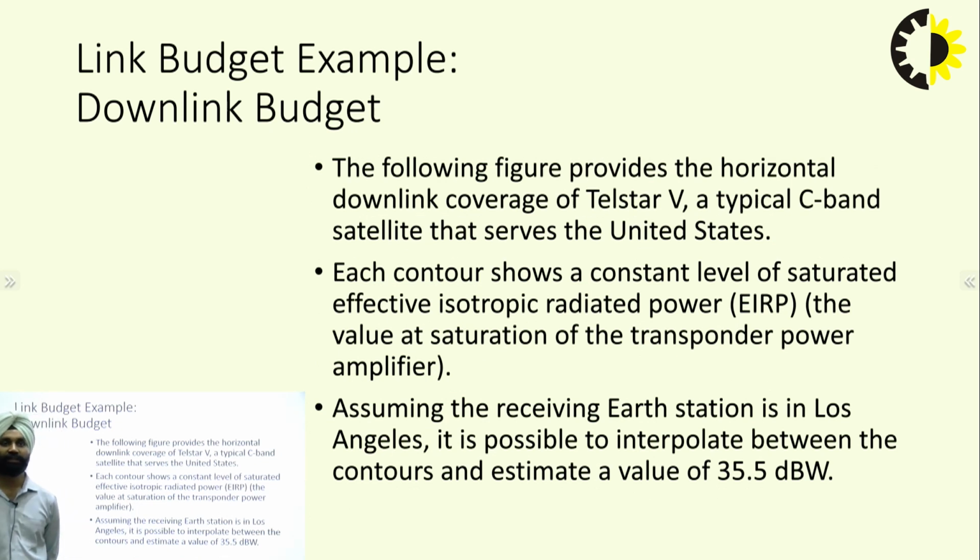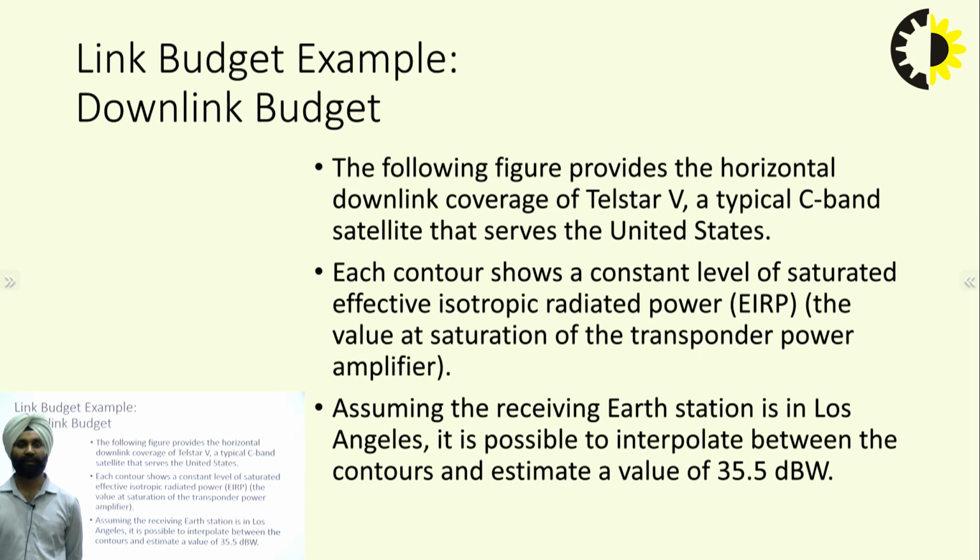This following figure provides the horizontal downlink coverage of one satellite known as Telstar 5, a typical C-band satellite that serves the United States. Each curve shows a consistent level of saturated effective isotropic radiated power, the value at saturation of the transponder power.